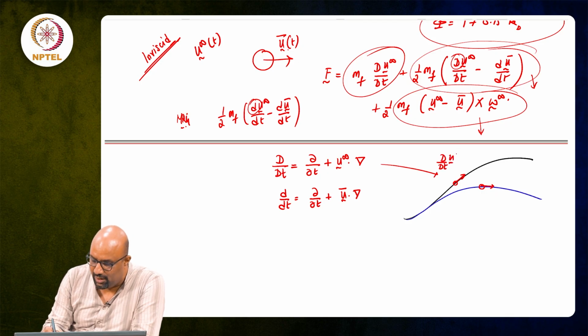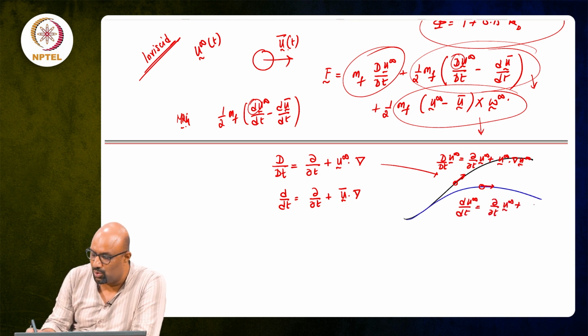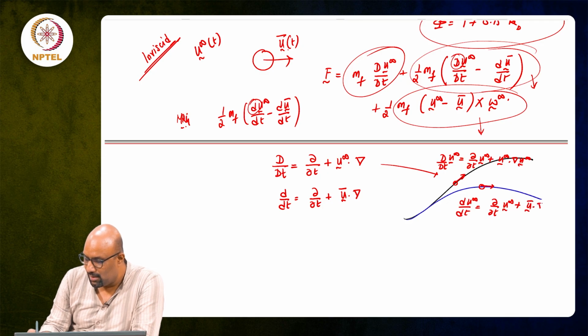So D u infinity dt is the fluid acceleration, which is what we typically understand as fluid acceleration, measured along a fluid parcel, whereas small d u infinity dt is the fluid acceleration as viewed by the spherical particle.